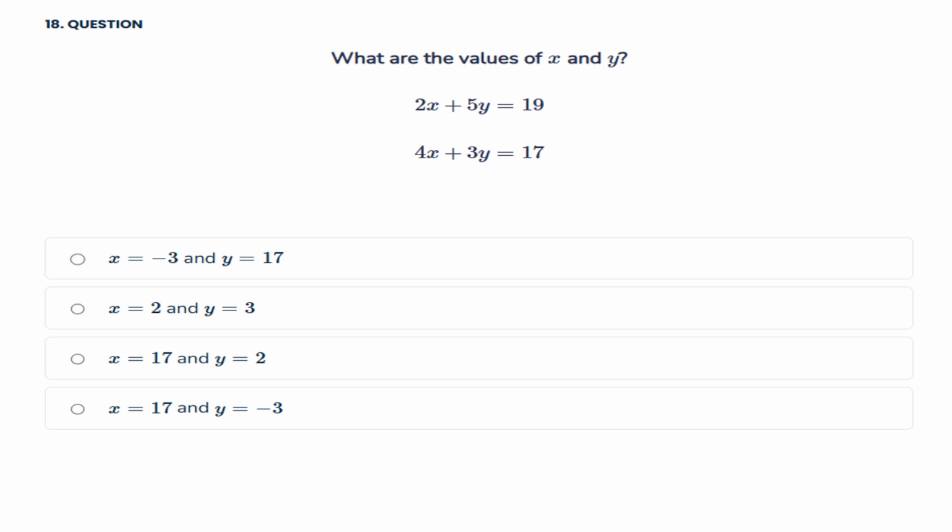So this is a system of equations, and because it's a system of equations, it follows the form ax plus by equals c.